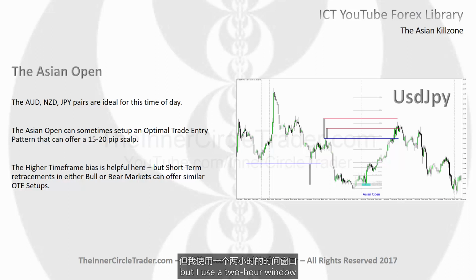But I use a 2-hour window, so it doesn't have a great impact at all. So what I look for is a move that originates or forms immediately after the Asian Open.